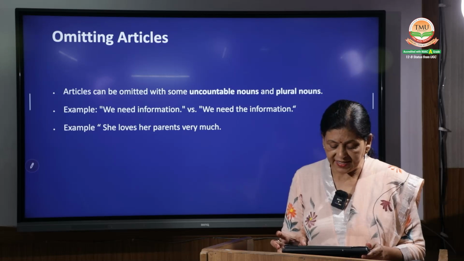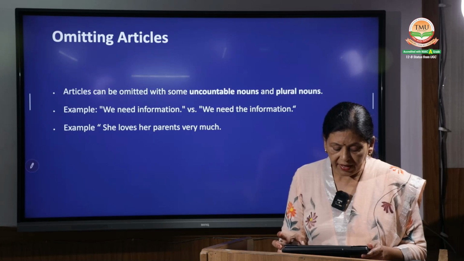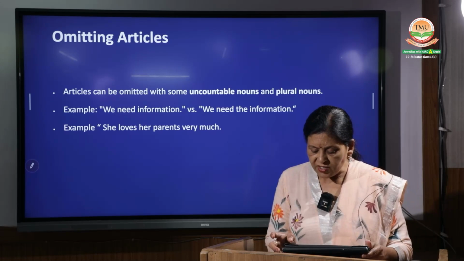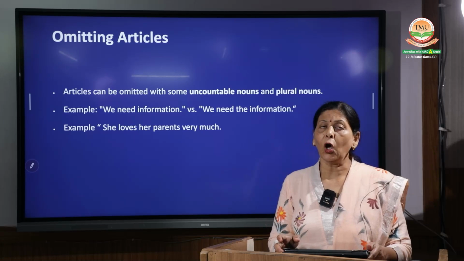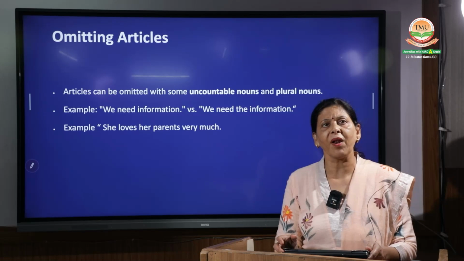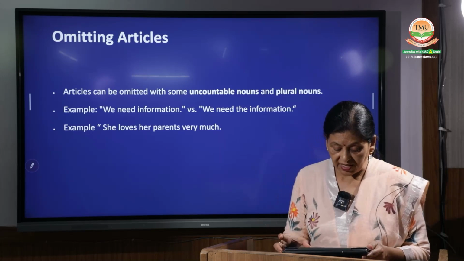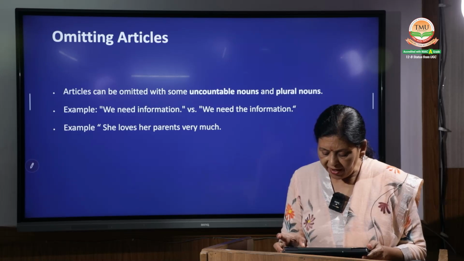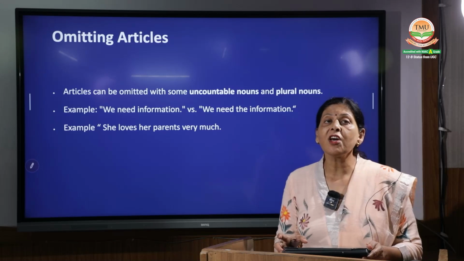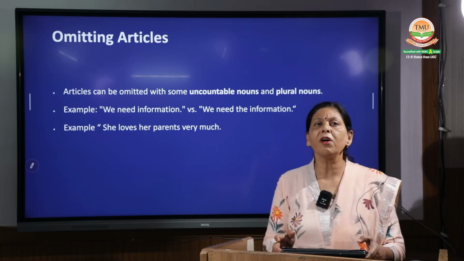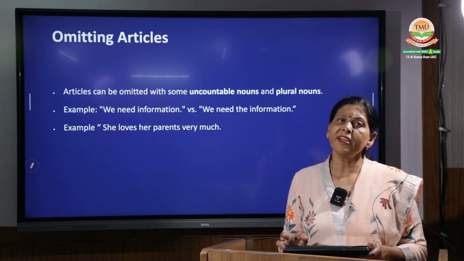Like the example: we need information. Not 'we need the information', simply, we need information. Then second is, she loves her parents very much. She loves her parents, a or the, nothing is required.